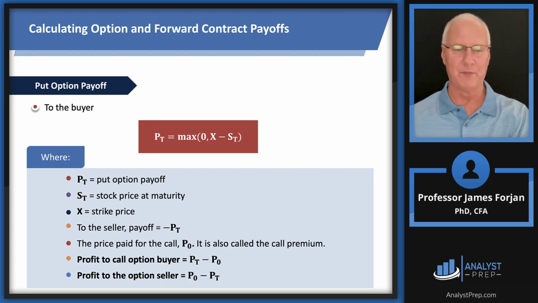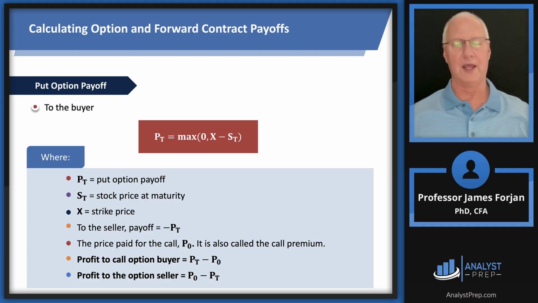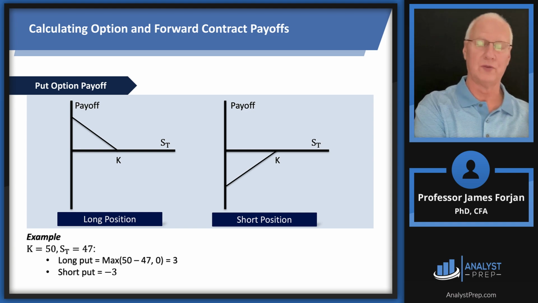For the put option payoff, you just flip the stock price and the exercise price. And so the profits, well, you can see that down at the bottom. Here's the put option payoff. Here are the graphs. So, of course, if you own the put option, you win when the price goes down.